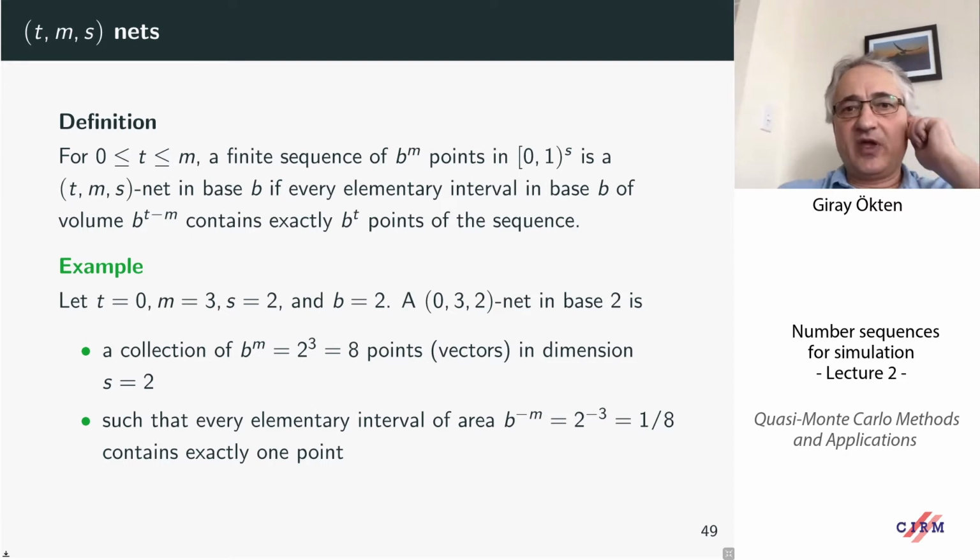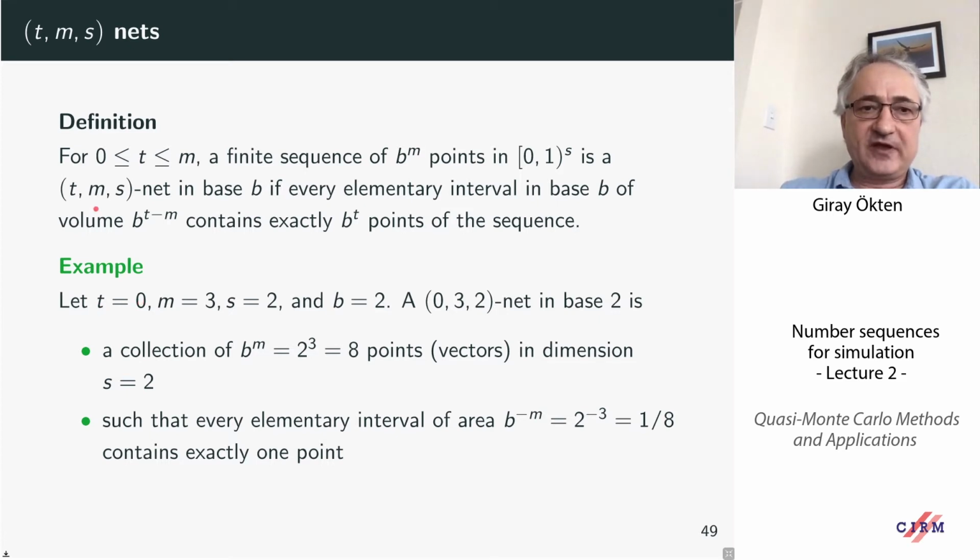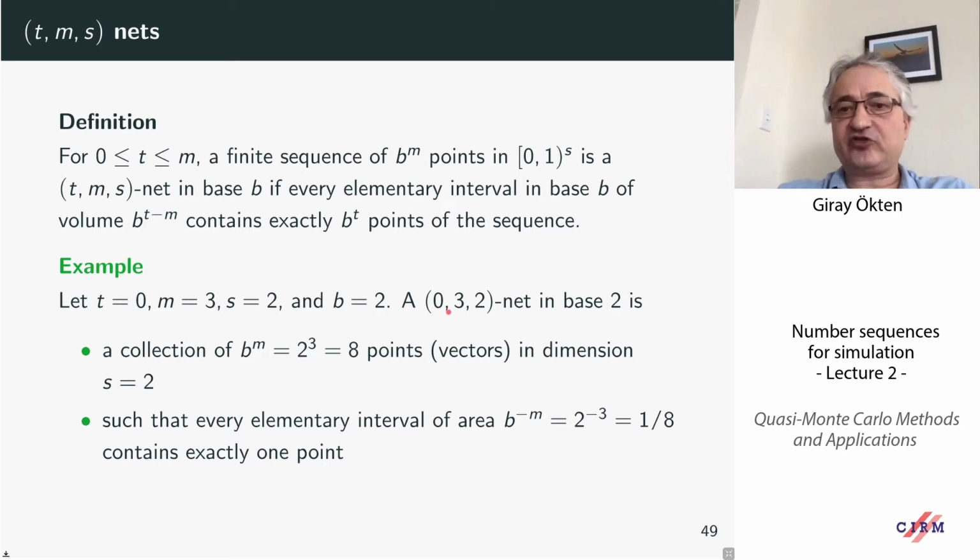Okay, so now, what is a TMS net? This is the definition of a TMS net. But instead of trying to explain this definition, let me go over this example. In this example, I'm taking T to be 0 in the definition, M to be 3, and S to be 2. And there's also B, the base, which is 2. So now I'm going to describe to you what a 0, 3, 2 net in base 2 is.